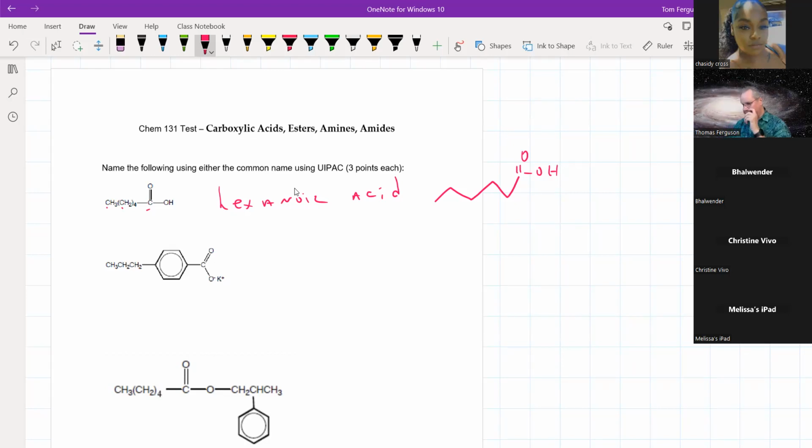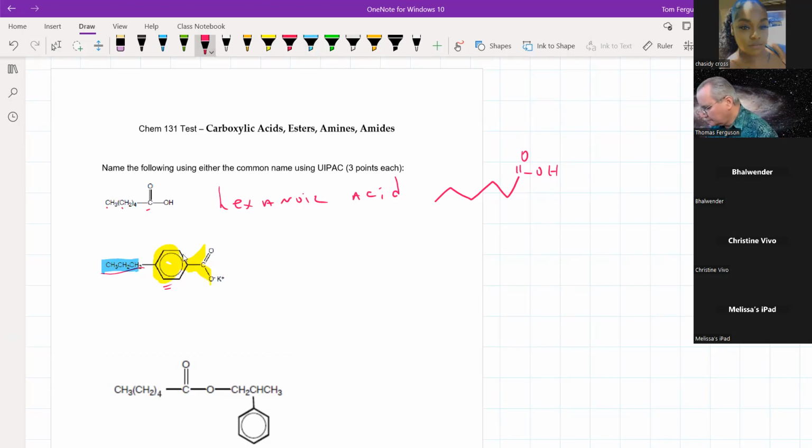Okay, this is an acid salt based upon benzoic acid with a branch here. So this would be the main molecule, and then this would be the branch off that side chain.